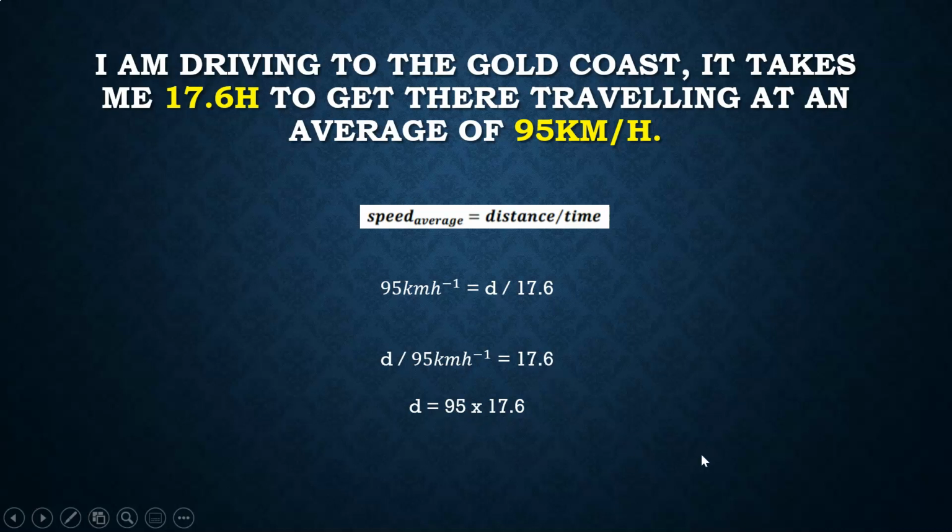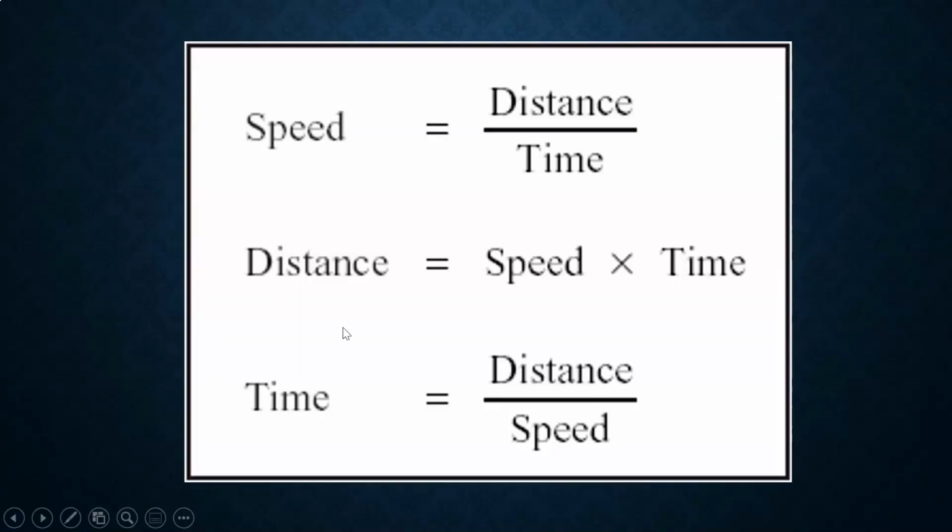So the 95 goes on to the other side. We've now got distance equals, the distance to the Gold Coast equals 1,672 kilometres.